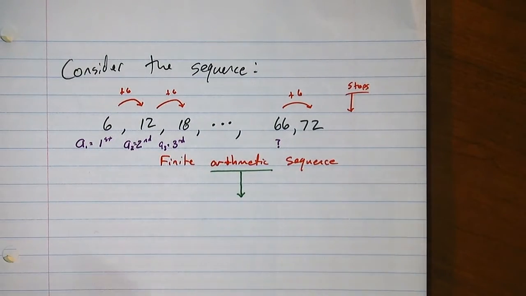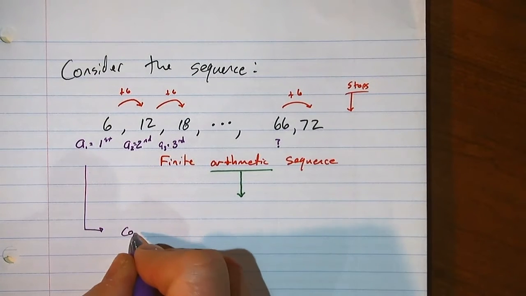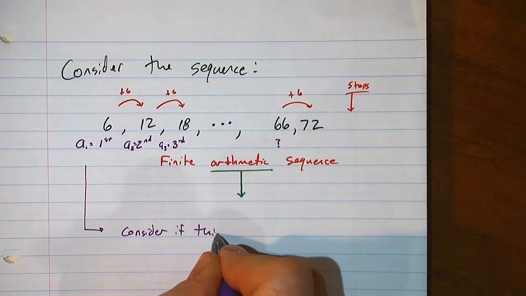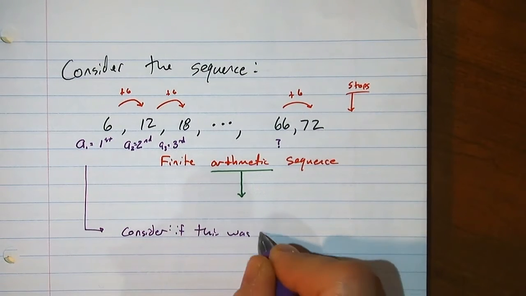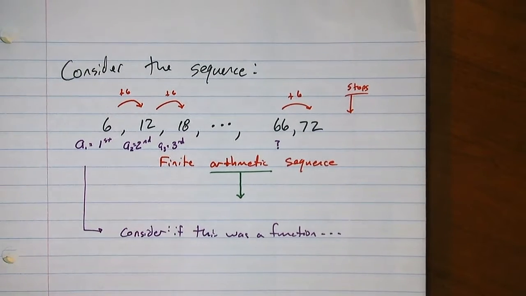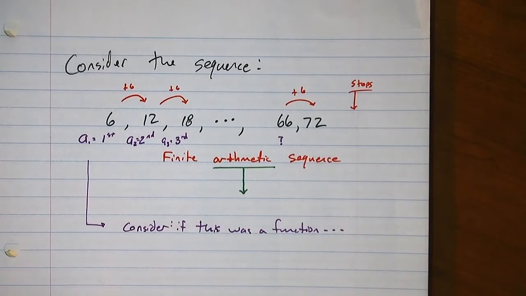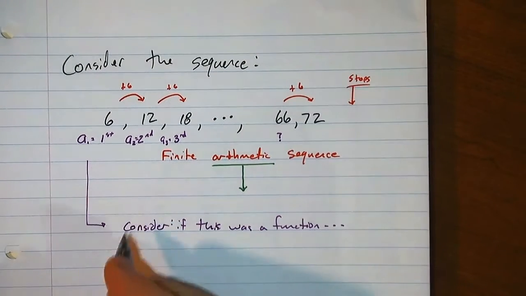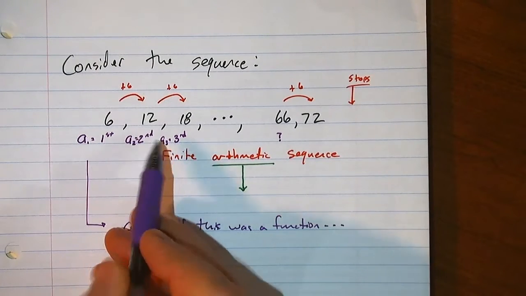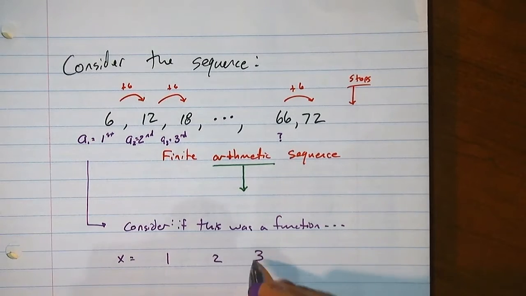So let's pretend for just a second that this is a function. What would that mean? That would mean if these are the numbers that I'm plugging in, these are my x numbers. So I'd have x numbers of 1, 2, and 3.